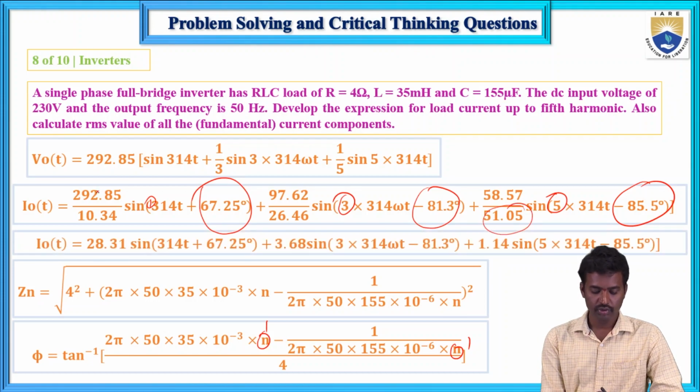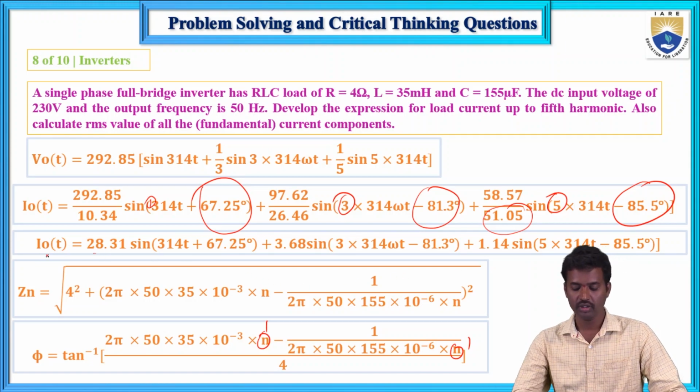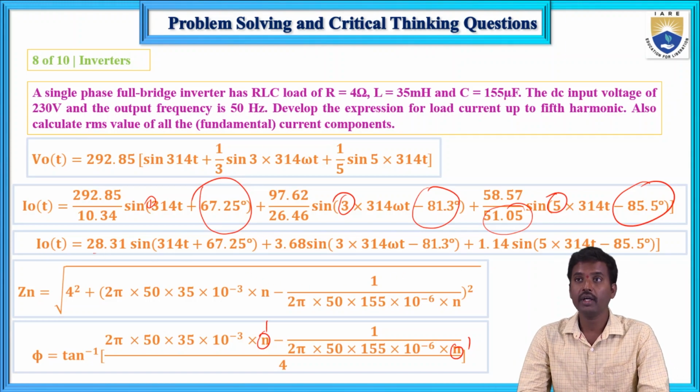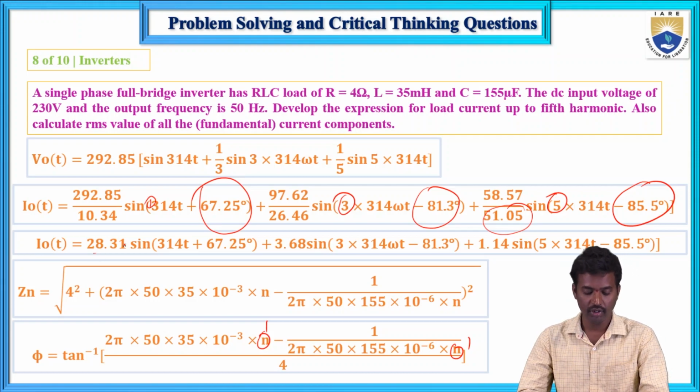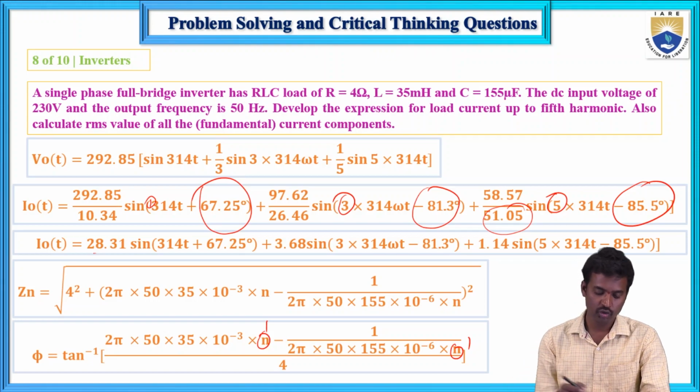So now, the simplified equation is: load current up to the fifth harmonic is 28.31 sin(314t + 67.25°) + 3.68 sin(3 × 314t − 83°) + 1.14 sin(5 × 314t − 85.5°), where 314 is omega.